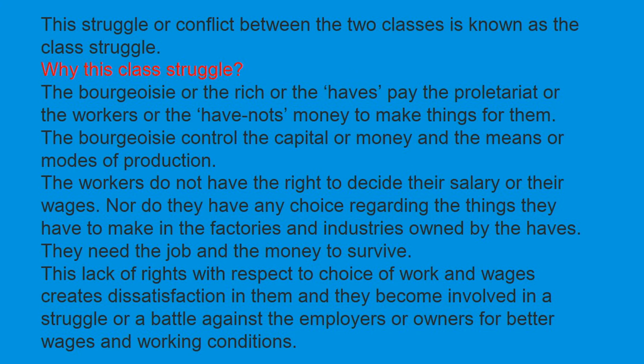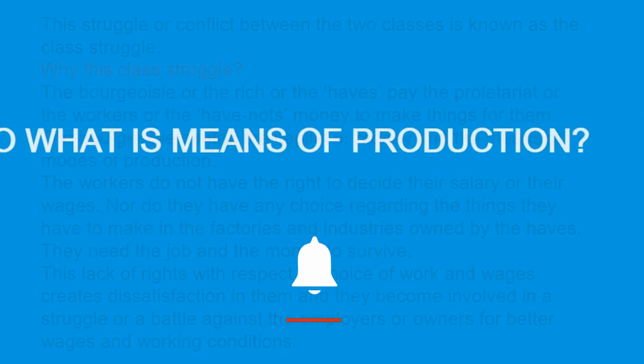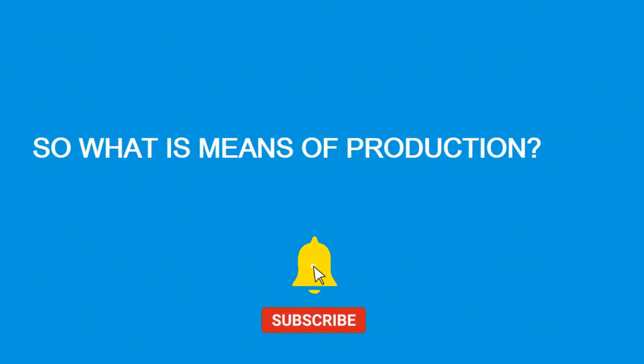The workers need the money provided by the employers as salary in order to survive. So this lack of rights with respect to choice of work and wages creates dissatisfaction in them, and they become involved in a struggle or a battle against their employers or owners for better wages, better working conditions, and a much more equitable society.